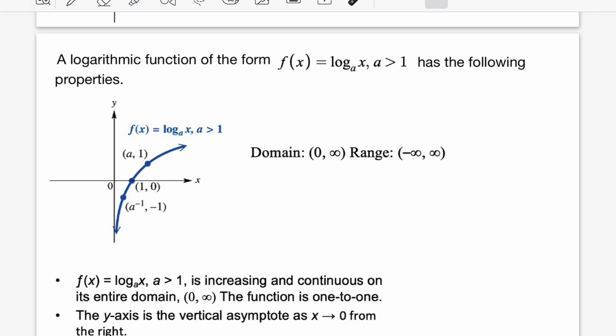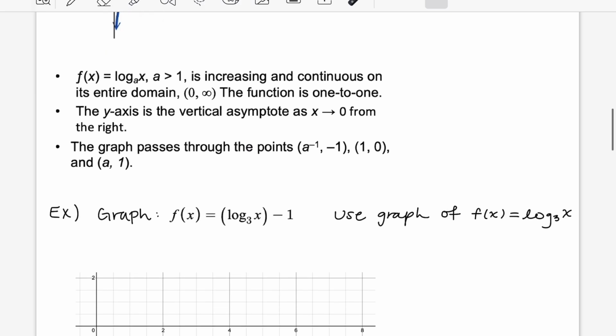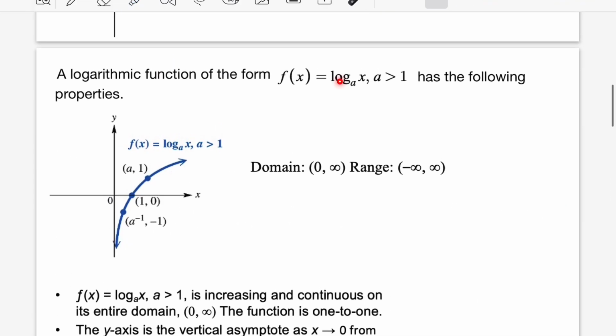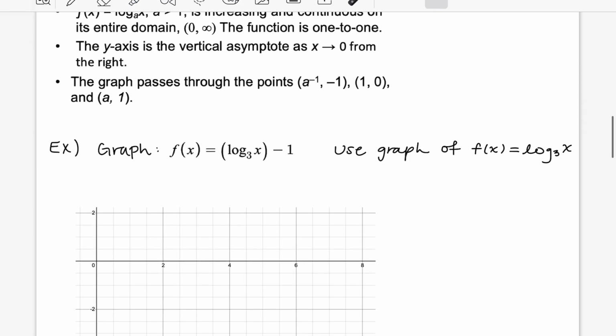So, similar to what we did for section 6.2, we'll look at some examples of log functions of these forms and others, and then use our properties along with graph translations to graph our log functions. So for example, if we want to graph this guy here, we'll use the parent version that is of this form here. So what we want to first do is graph this guy and then use our graph translations.